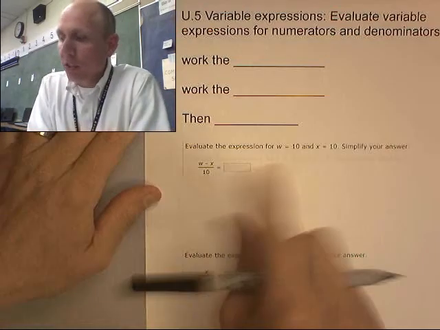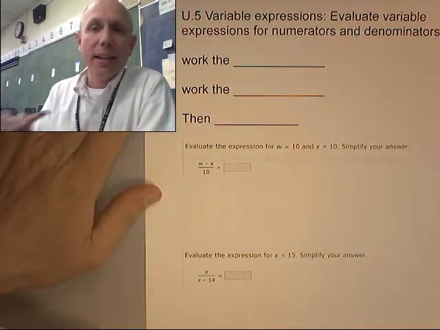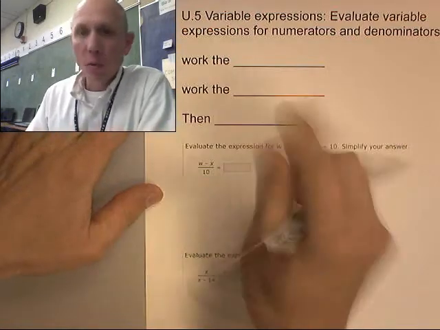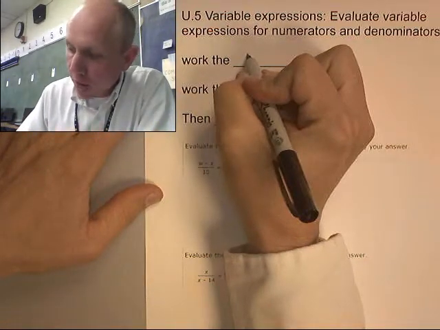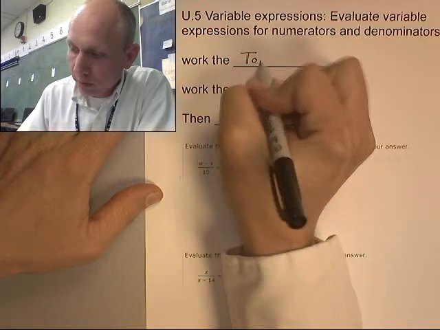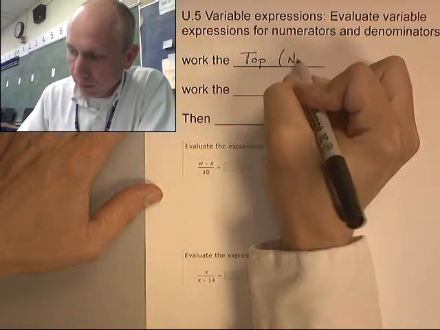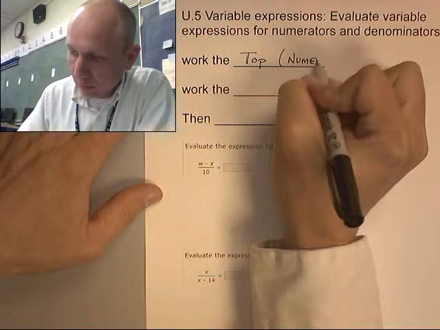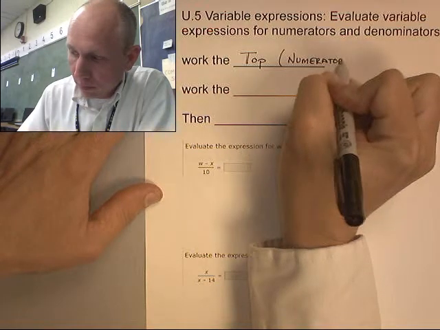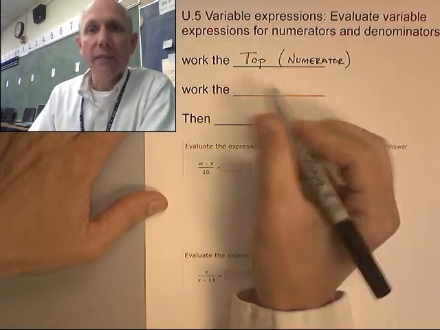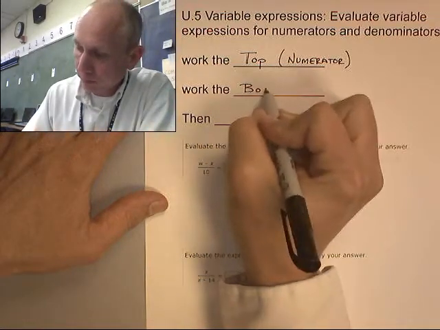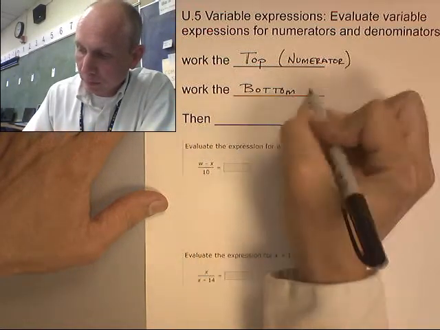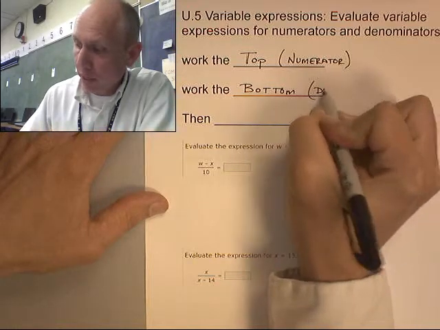Evaluate variable expressions for numerators and denominators. Here's the idea. You're going to work the top of a fraction first. Work the top, which is called the numerator. And after that, you're going to work the bottom, which is the denominator.